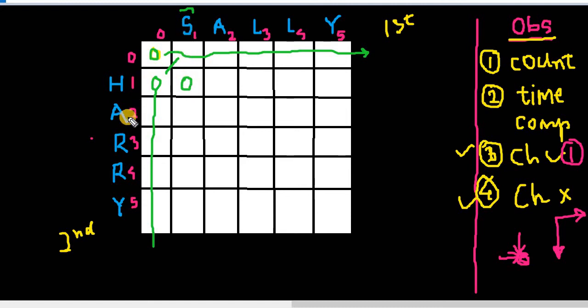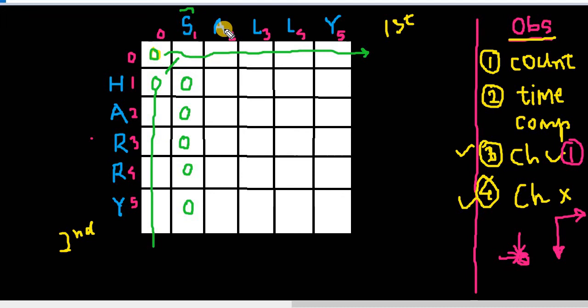S will again be compared with A, it is not the same, so we'll take the maximum value between these two values, so again 0. Similarly this will be 0 because there is no preceding value. Similarly S will be compared with R, again 0. S with Y, again 0. So okay, I hope you got this particular loop.